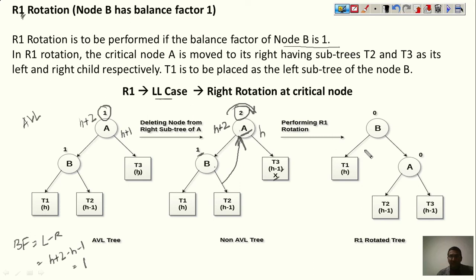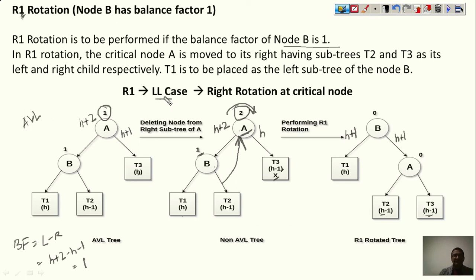You can note here that this is h minus 1, T2, and this is h. If you compute, this is actually h and h plus 1, and when you find from here, h minus 1 plus 2 is h plus 1, and h plus 1 minus h plus 1 will be 0, which makes your tree balanced.